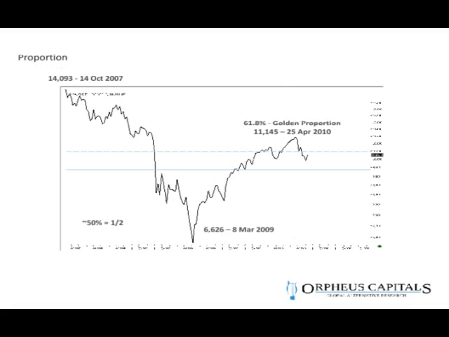And now we are starting to show you some cases where we are talking about how the 61.8 Fibonacci price retracement can help us understand the market structure. Now this is something which we carried out sometime around 25th April 2010.